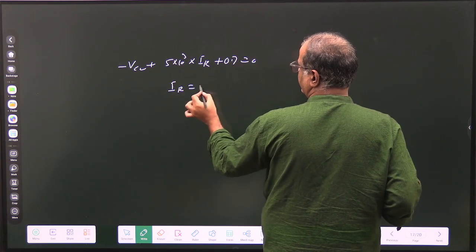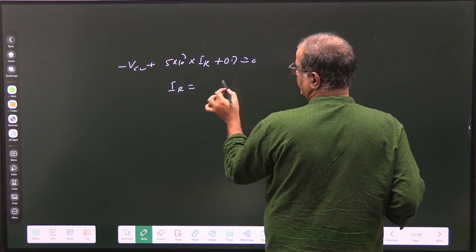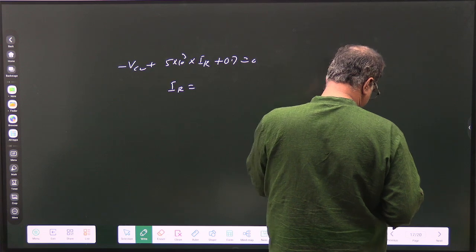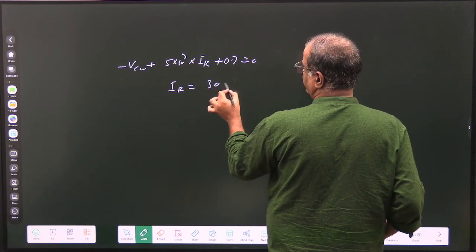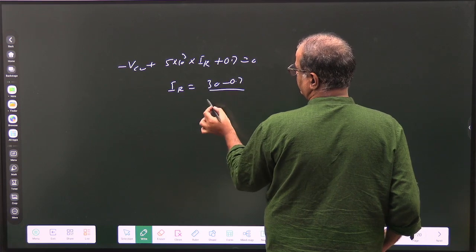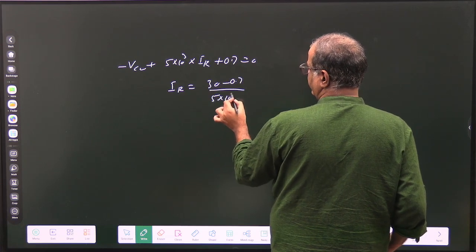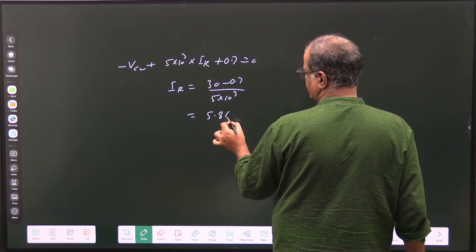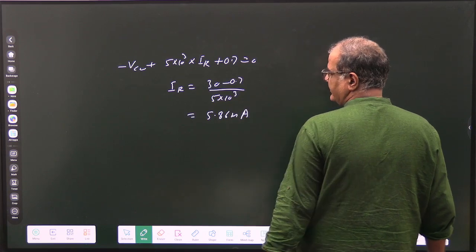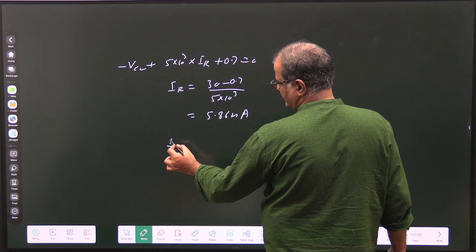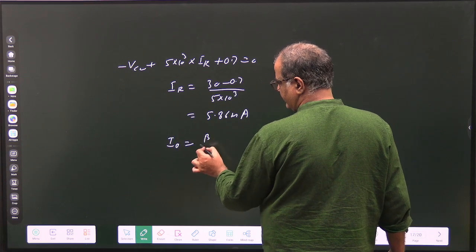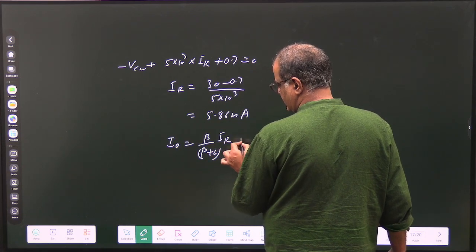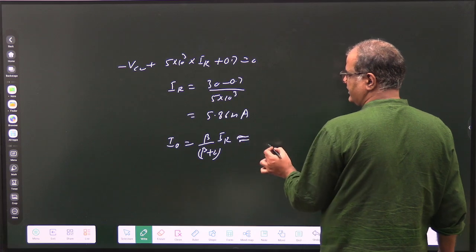So IR will become, what is the value of VCC? 30 minus 0.7 over 5 kilo ohm, 5.86 milliamps. So I naught equals beta upon beta plus 2 into IR. Approximately how much will come?